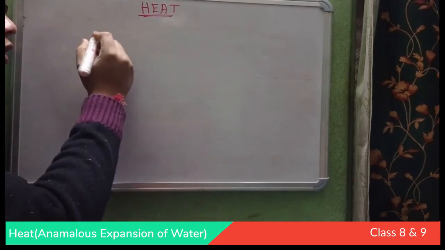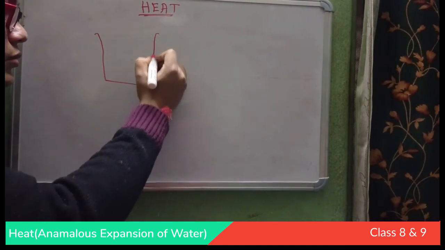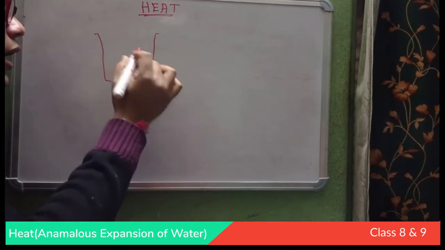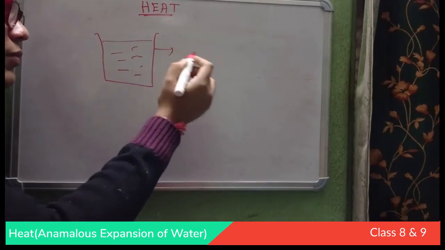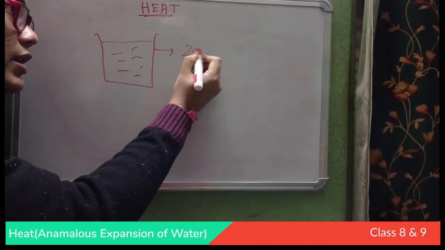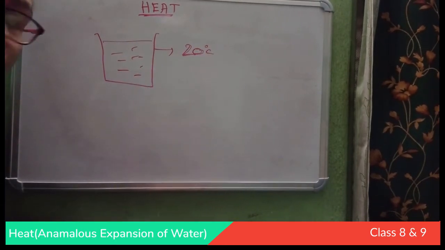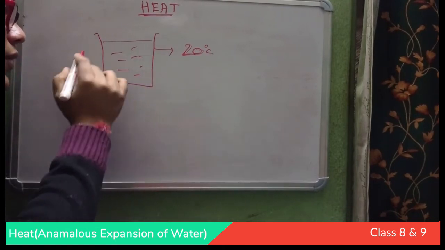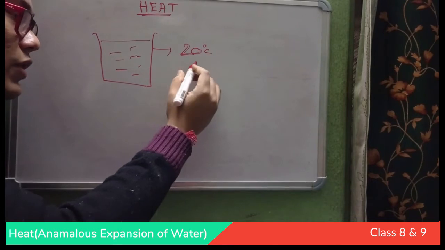Now let's take an example. In a beaker I have kept water. This is at room temperature, let's say it is at 20 degrees Celsius. Now let me keep this beaker inside a refrigerator so that its temperature comes down.